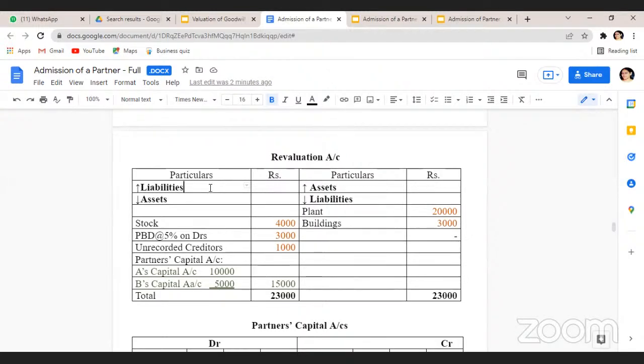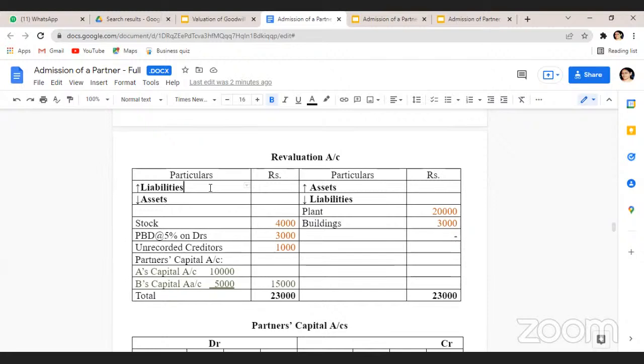Opposite to that, if the new value of an asset is more and the old value is less, say the balance sheet shows land at 10,000 but the additional information says 12,000, that means land value increased by 2,000, right? So the 2,000 increase is taken on the credit side.